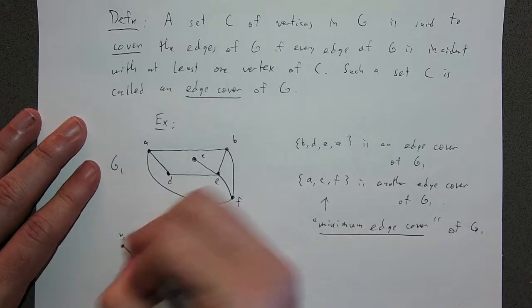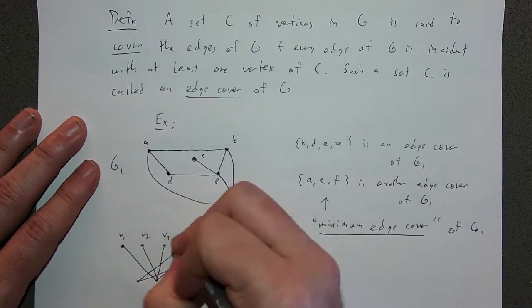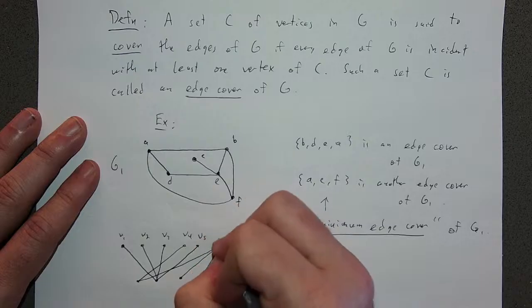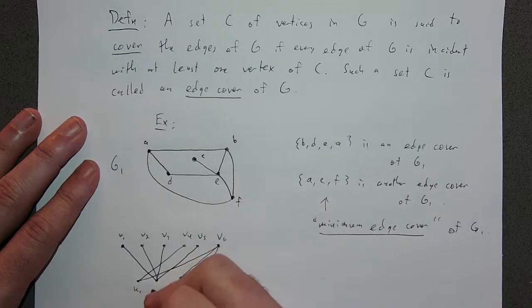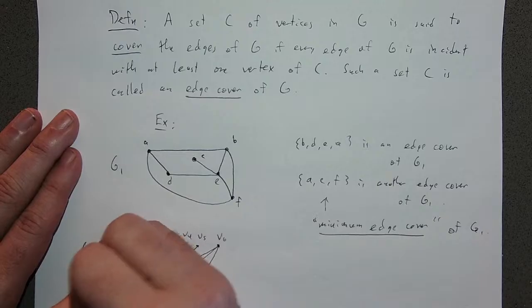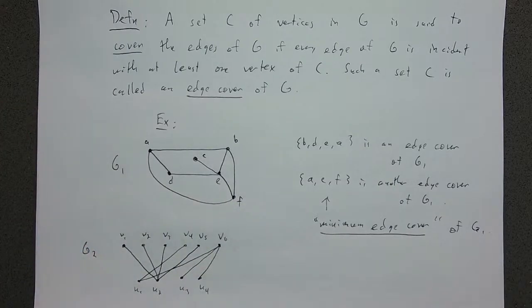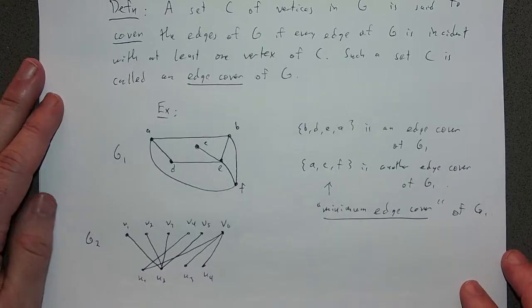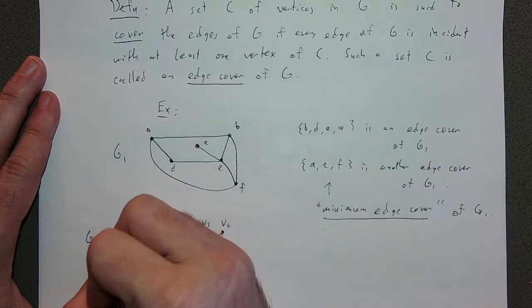We'll call this V1, V2, V3, V4, V5, V6. Call this U1, U2, U3, U4. Call this graph G2. Okay, this is a bipartite graph. So this is a nice other example to consider.